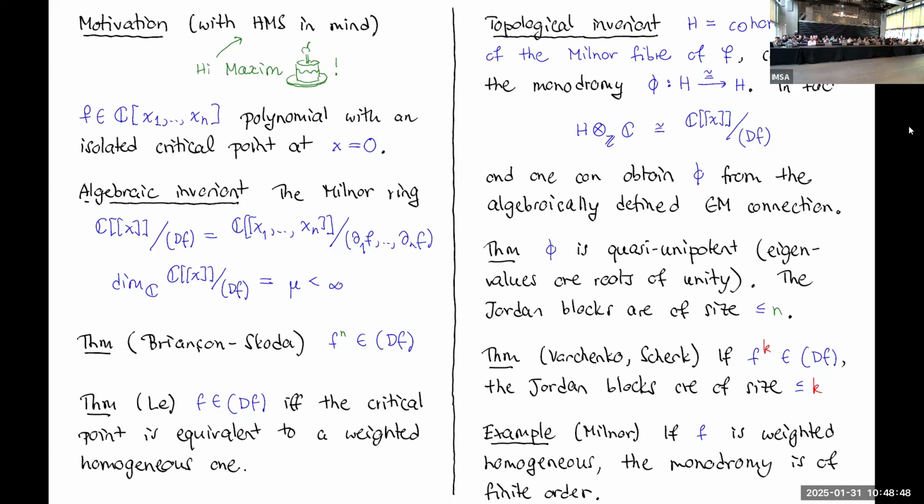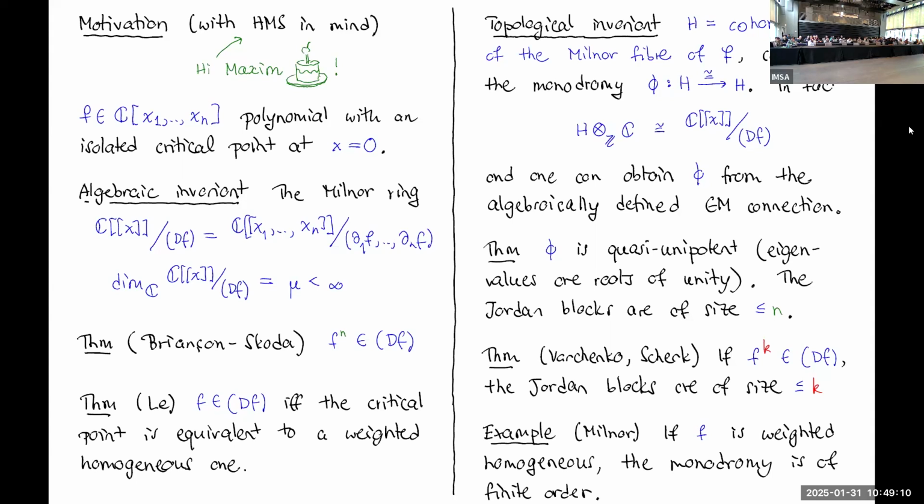From a topological point of view, the basic thing is the cohomology in middle dimension of the Milnor fiber, which is a free finitely generated abelian group, and it carries the monodromy automorphism. The Milnor fiber is like the level set of f at epsilon. We take epsilon around the circle, and you get the monodromy.